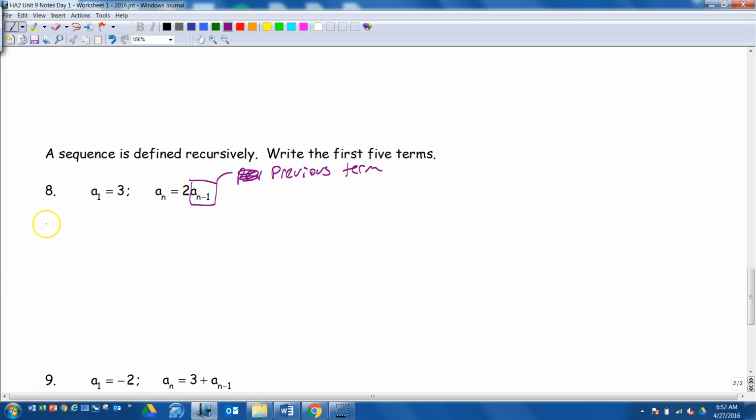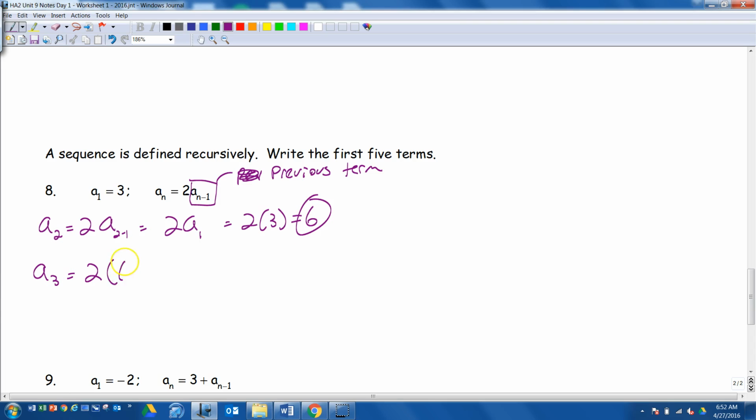We know a sub 1 is 3. So a sub 2 is equal to 2 times a sub 2 minus 1, which is equal to 2 times a sub 1, which is equal to 2 times 3 equals 6. So basically what we did was we took the first term and multiplied it by 2 to get the second term. Now for the third term, we're going to take 2 times the second term.